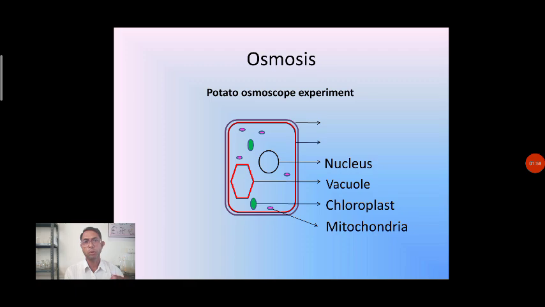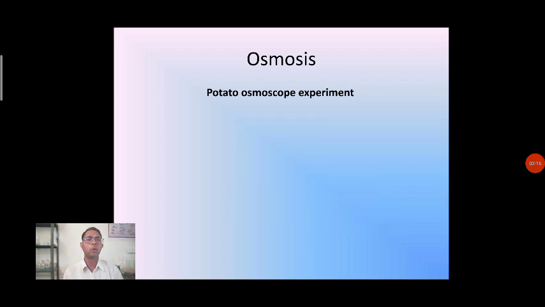But of the cell wall and cell membrane, the cell membrane is the most important parameter which plays an important role in osmosis.